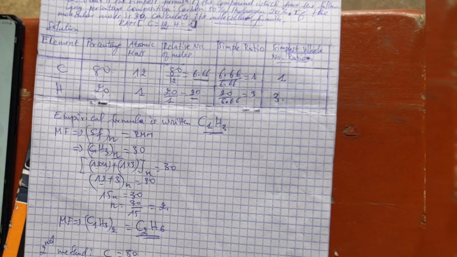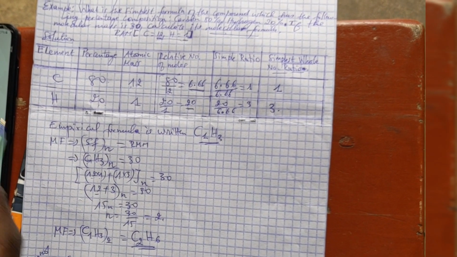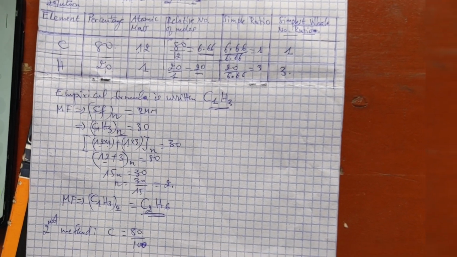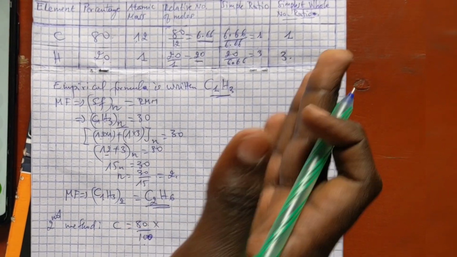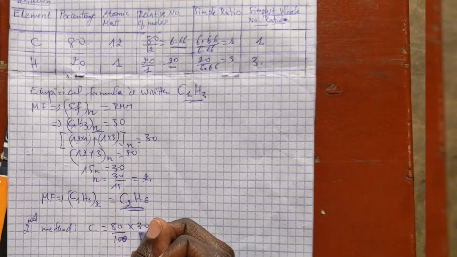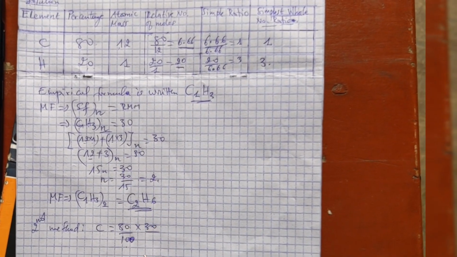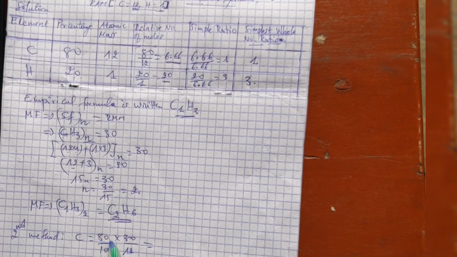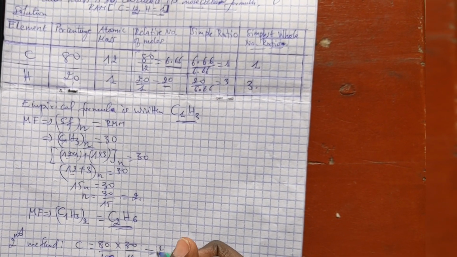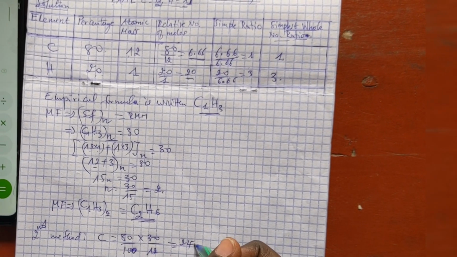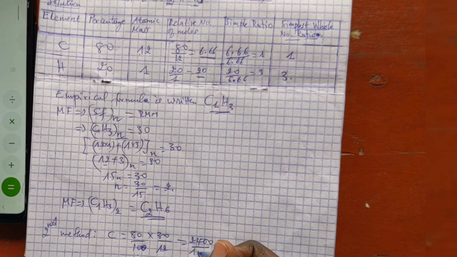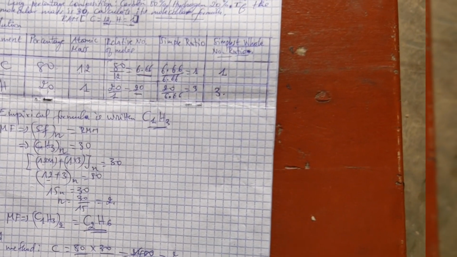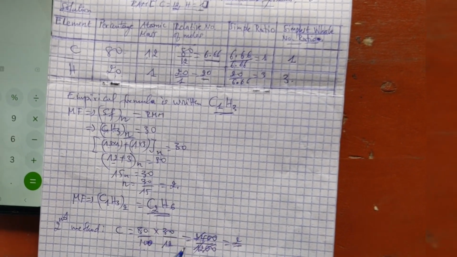You take the percentage of the atom, 80 divided by 100, times the relative molecular mass, which is 30, divided by the atomic mass of carbon, which is 12. If you calculate this, you get 2400 divided by 1200, which gives 2, the same as before.